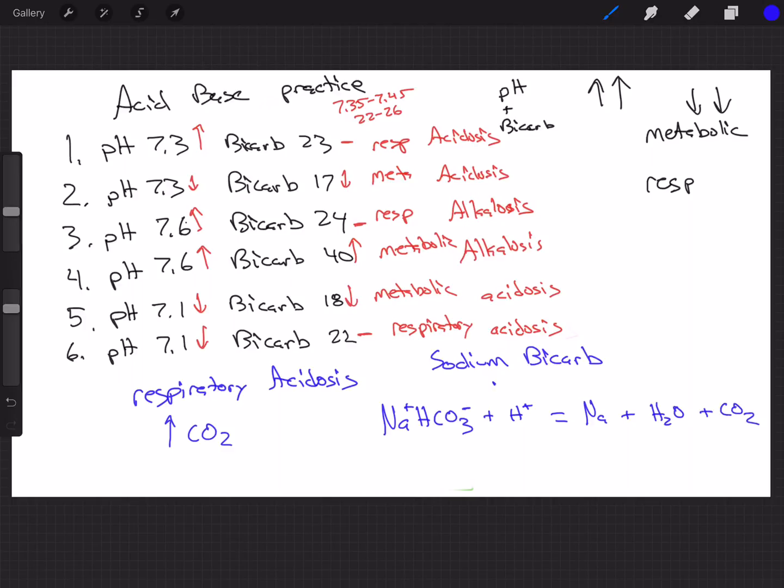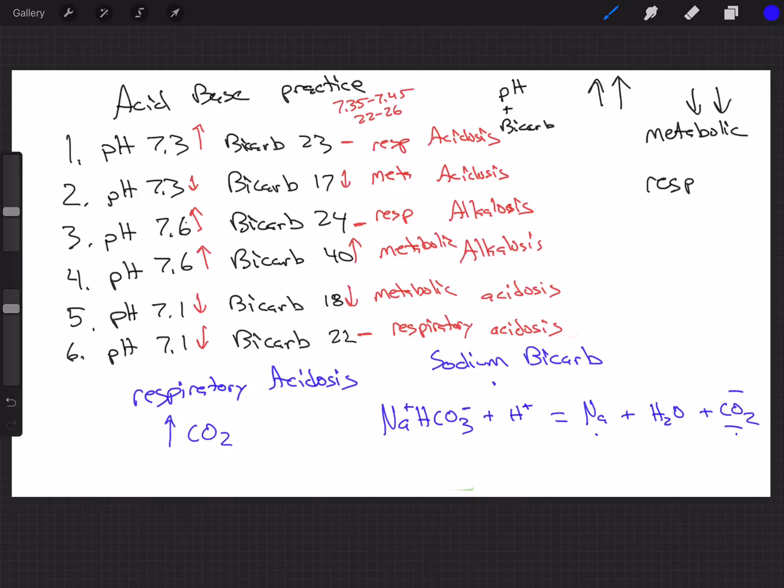So if you count them out, you got 2 hydrogens over here, you got the 3 oxygens, the 1 sodium, the 1 sodium, the 1 carbon, the 1 carbon. They balance each other out. So we give sodium bicarb. It combines with a bunch of hydrogen ions in the blood to turn into sodium, water, and CO2.